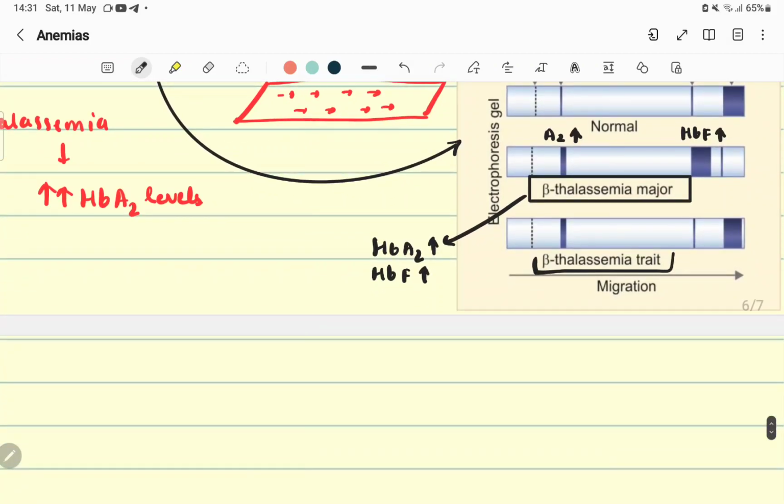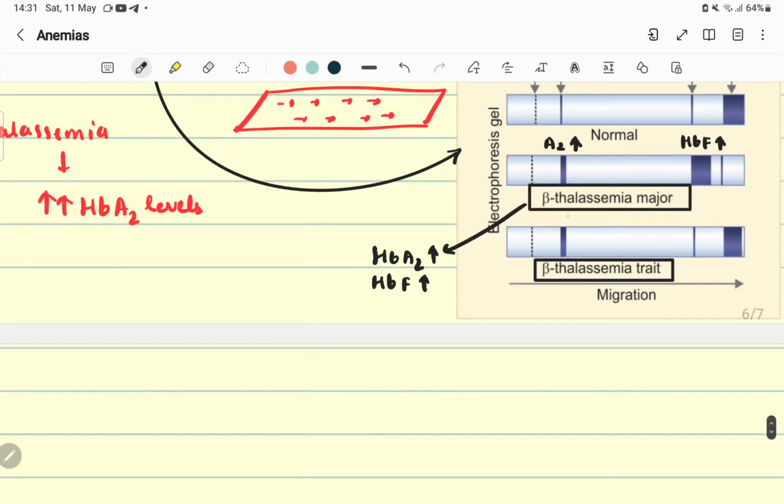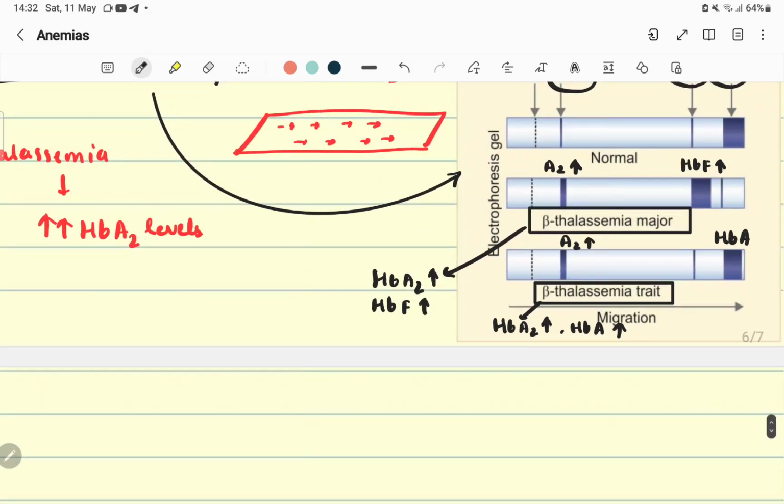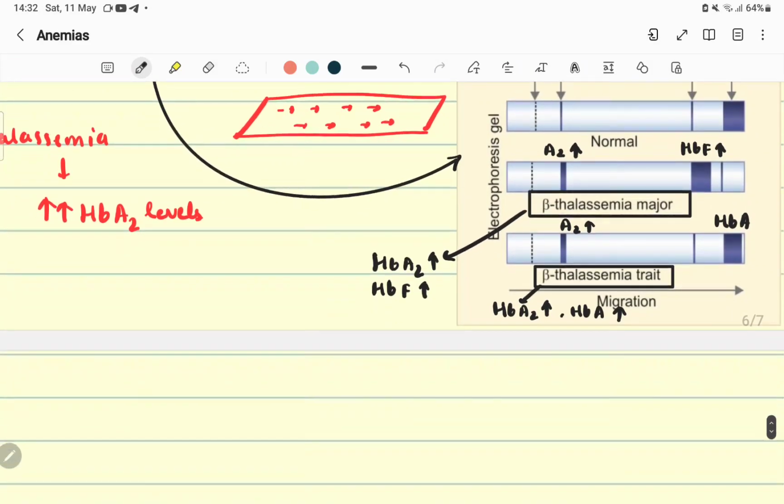In a beta thalassemia trait, you'll see an increase in HbA2, and HbA is nearly normal. A little bit of increase occurs. You can just write HbA2 increase.